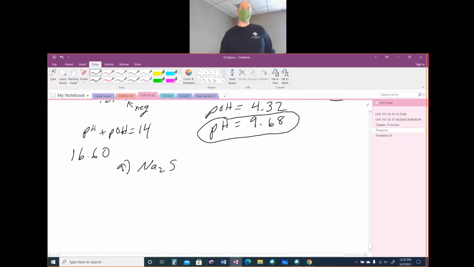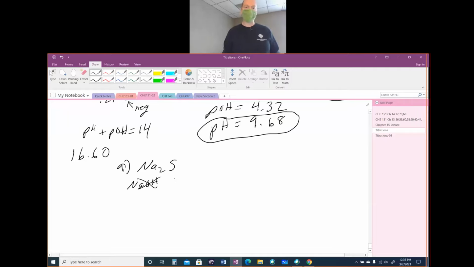So you look at the base from the cation. Since NaOH is a strong base, that means the Na is always a spectator ion. It never has anything to do with the pH. So there is zero effect from the Na. Anytime you have sodium, it doesn't have any effect on your acid-base properties.